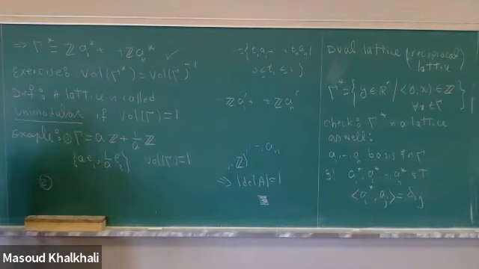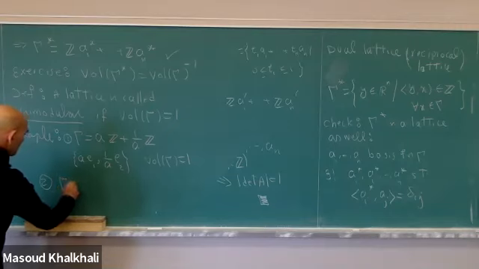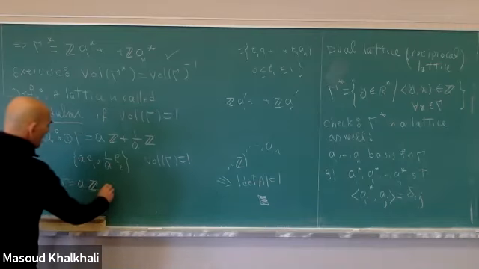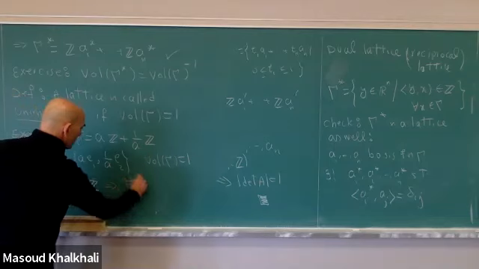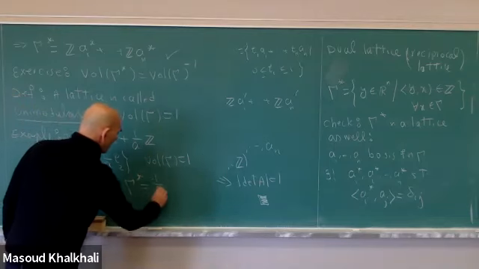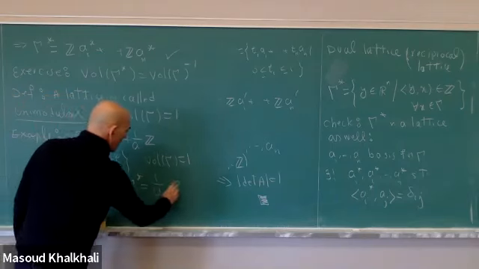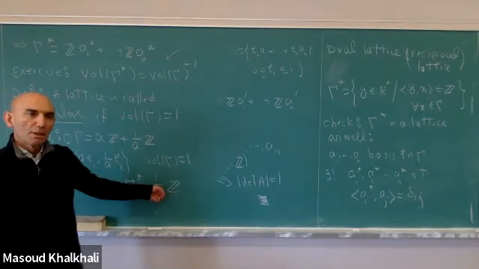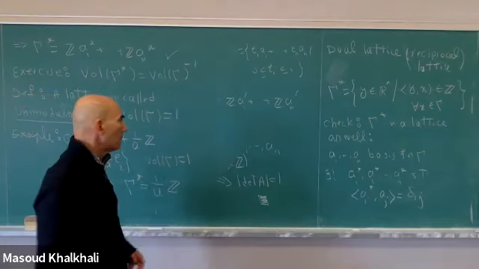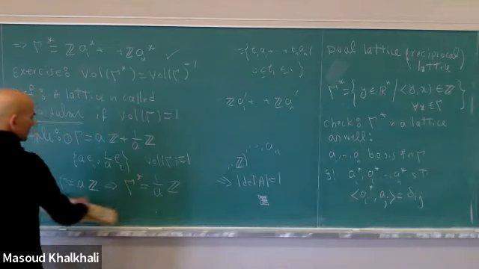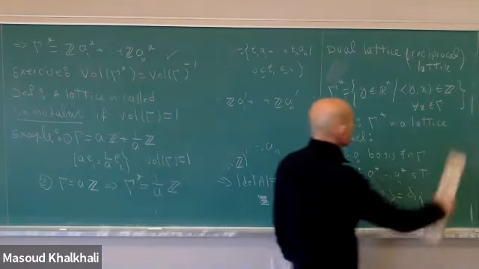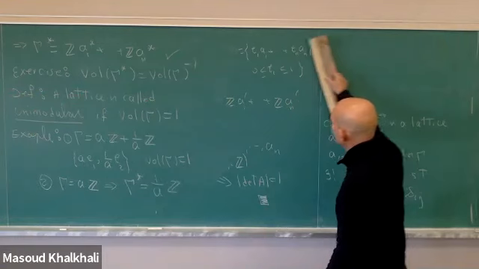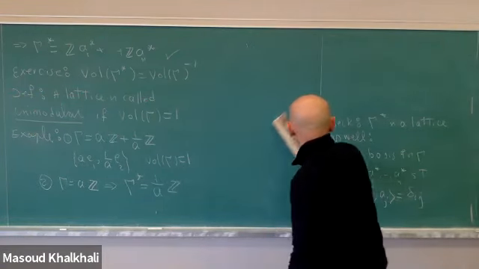Just a simple computation for the reciprocal lattice. For example, I'm now thinking of the simplest case, gamma equal to aZ. Then gamma star is equal to (1 over a)Z. So the reciprocal lattice in this case is very easy to compute. Just as a little exercise for yourself, try to compute the reciprocal lattice of that body-centered cubic lattice I gave you.